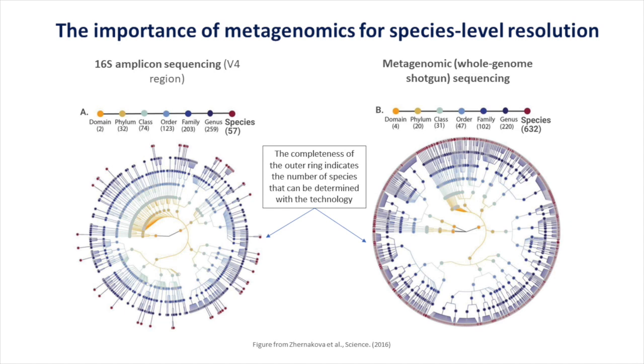So you're only able to identify those handful of species to the species level using 16S. On the right-hand side, you'll see the metagenomics approach, and pretty much every organism in that sample is identified to the species level. That outer ring is really complete. And this just shows you the difference in resolution between the two techniques.